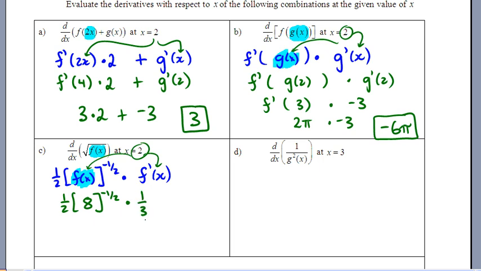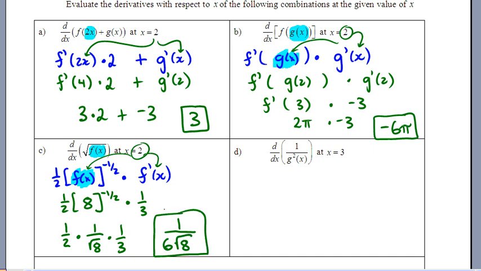Not super nice here. This half on the exponent means I'm rooting it, and it's upside down. So 1 over root 8 times a 1/3. You know, there's nothing that says you have to write this in simple radical form. I would just write this as 1 over 6 root 8. Don't worry about the root 8 down there. It's not hurting anything. If you really want to worry about it, multiply top and bottom by root 2, and it'll get a bit better.